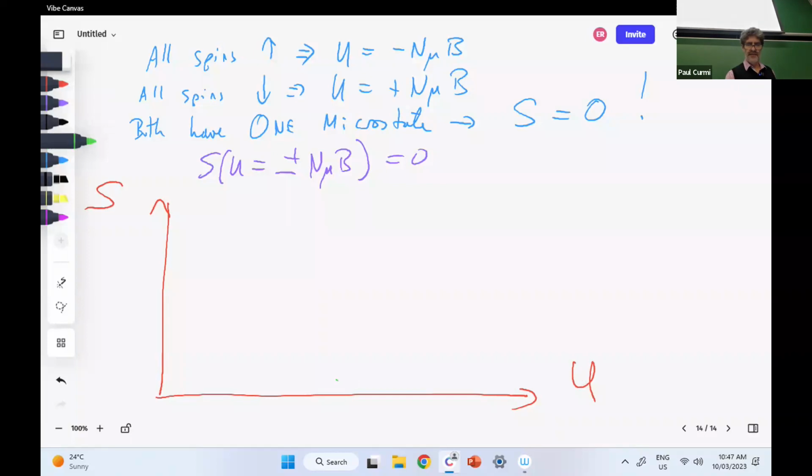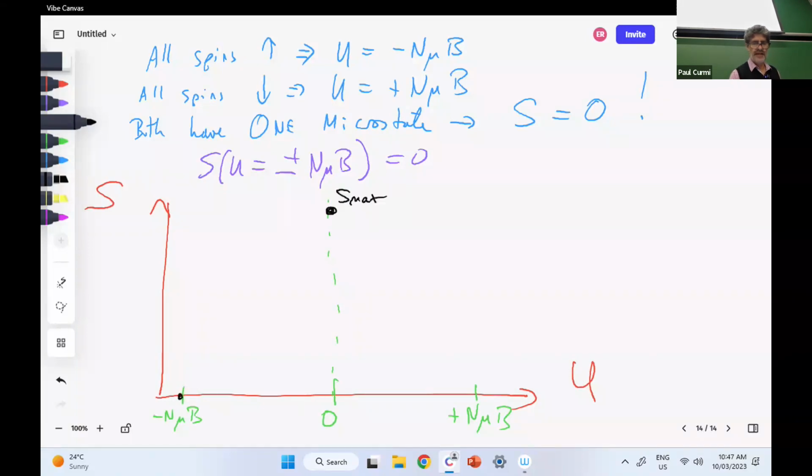Okay, so now make a graph. In the middle, I've got energy 0. Half spins up, half spins down. At the bottom here, I've got minus n mu B. All spins aligned with the B field. Over here, I've got plus n mu B. So in the middle, I get my maximum entropy.